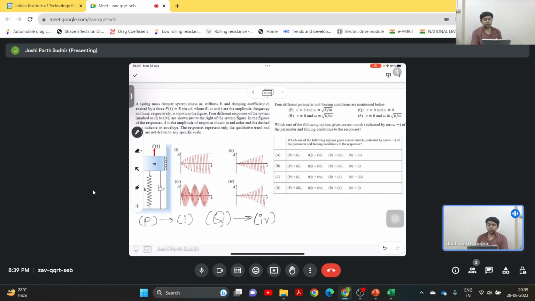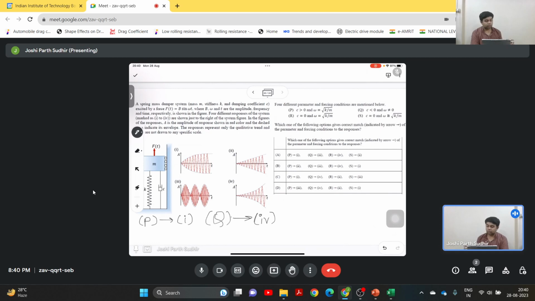Now let us look at the third set of parameters, where there is no damping present in the system and the frequency matches the resonant frequency. Because there is no damping, the response of the system will keep on growing with time, and since energy is continuously being added, the amplitude of the oscillations will keep on growing.